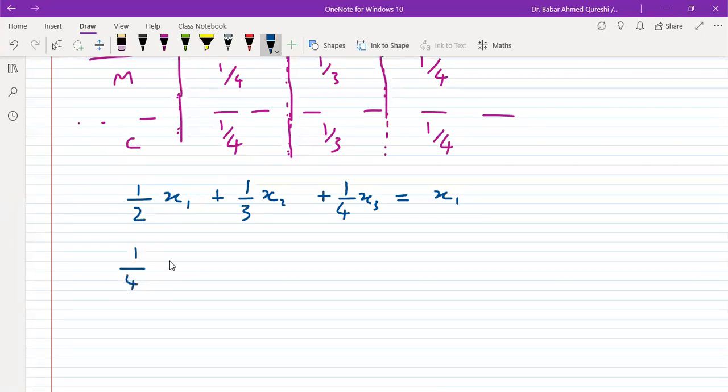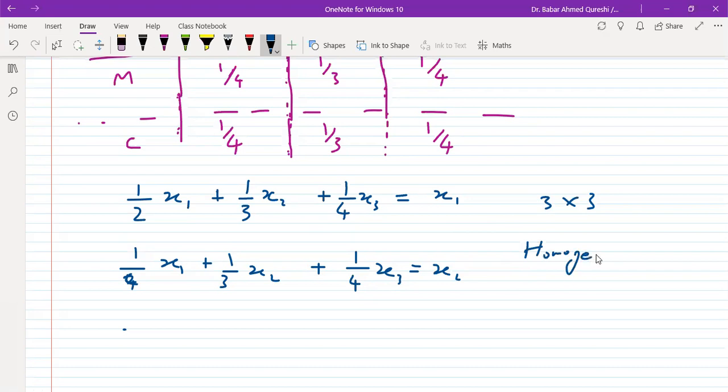Similarly, 1/4 x1 plus 1/3 x2 plus 1/4 x3 is equal to x2. So when you fill up these three equations, you have a 3 by 3 system, and when you bring them on the other side, you will have a homogeneous system.